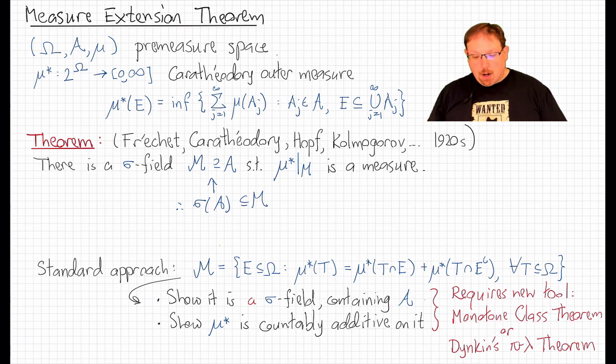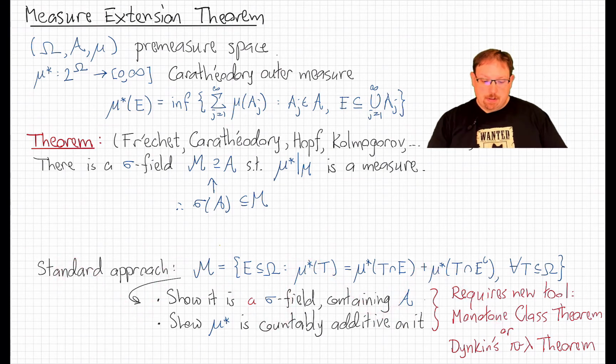Some more modern adaptations of the proof use the pi lambda theorem proved by Eugene Dynkin. We will circle back and develop a version of Dynkin's pi lambda theorem called the multiplicative systems theorem later in this course. But right now, we don't need it because we are not going to follow this approach.